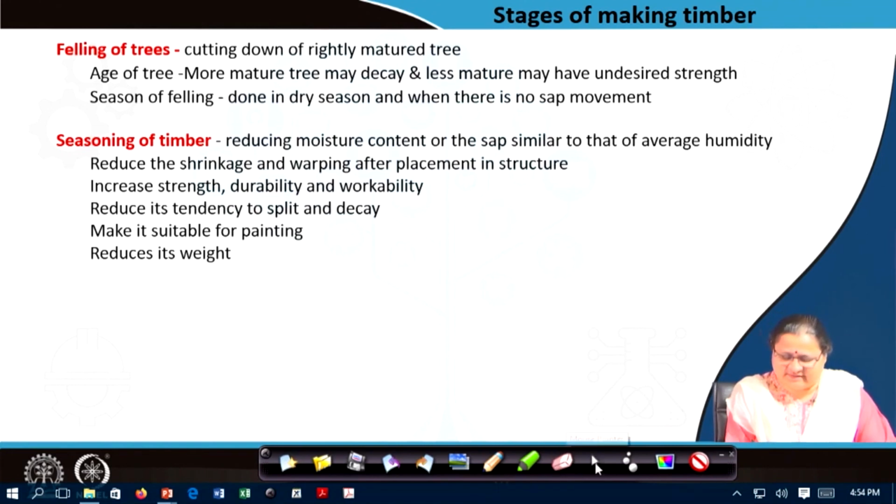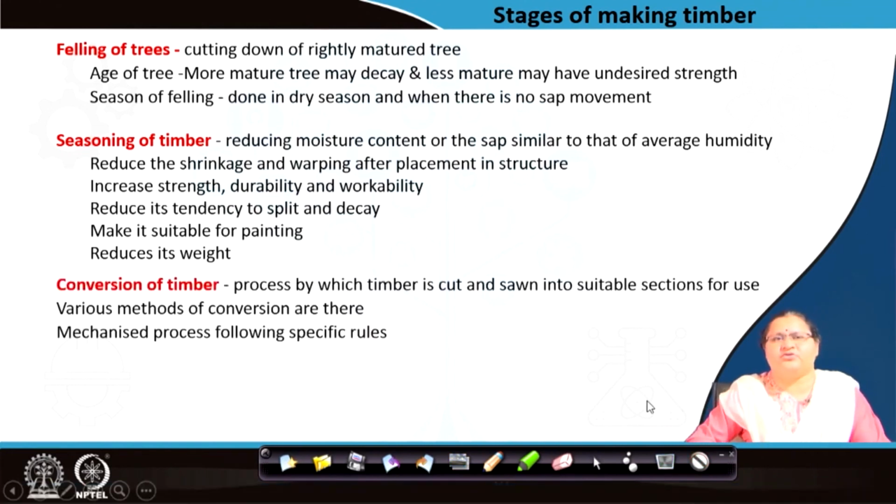After the process of seasoning, we need to convert it to timber. So, this wood which we obtained after felling of tree and after seasoning, we convert it to usable form, suitable sections for use. Suitable section is not as per I desire or you desire. It is to be found out whichever portion is really usable.